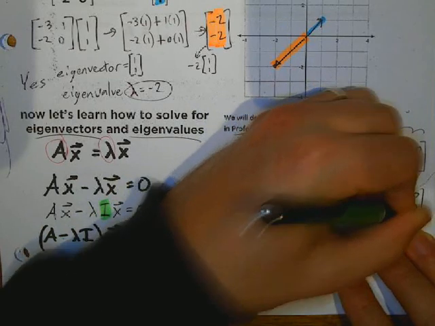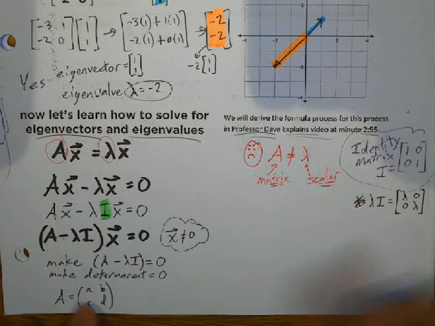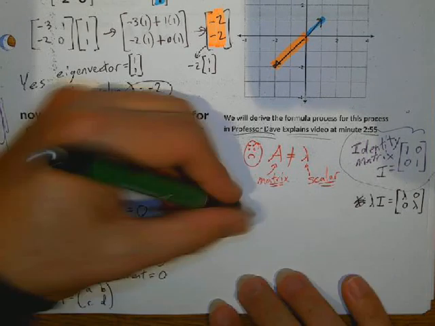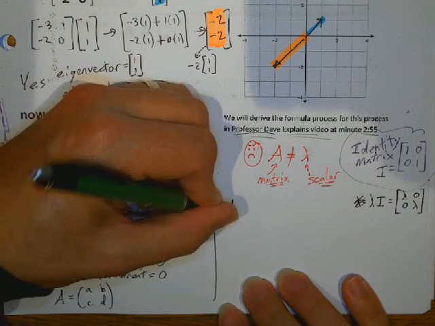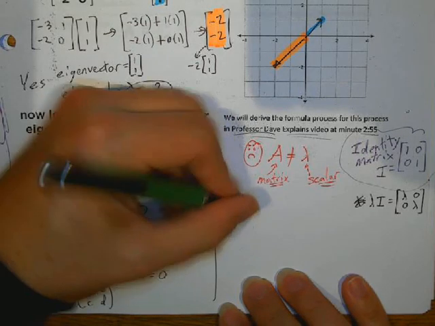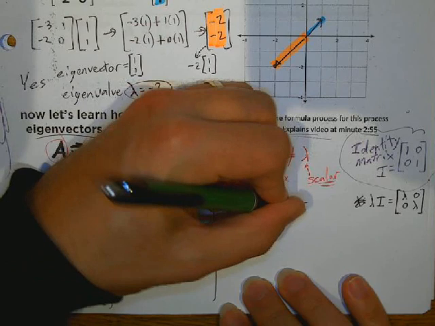Okay, so now I'm going to use these two things, and we're going to find the determinant of matrix A minus lambda identity.